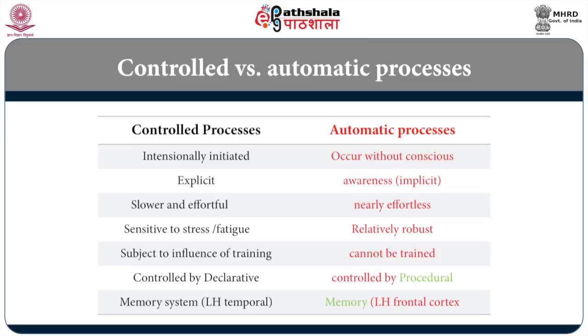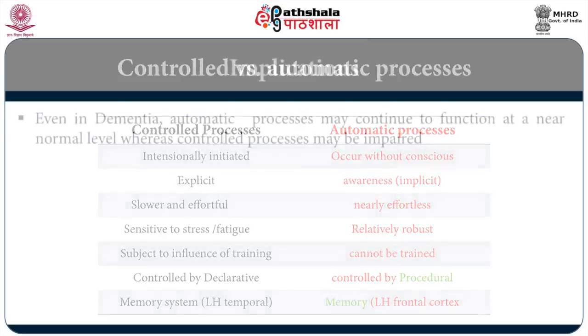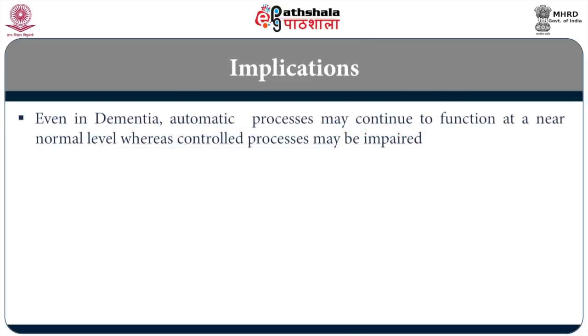So, we need to distinguish between controlled and automatic processes, also to talk about the involvement of different memory systems which influence language. Alright. So, why do we need to make this distinction? Research has shown that even in dementia, automatic processes may continue to function at a near normal level when the control processes are impaired.